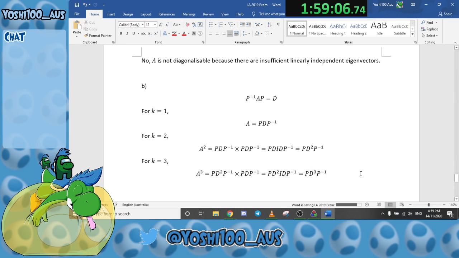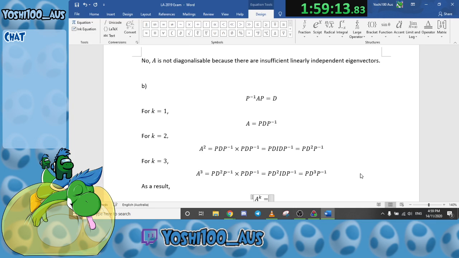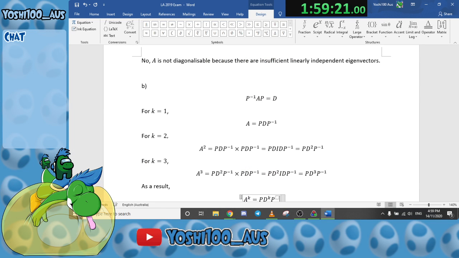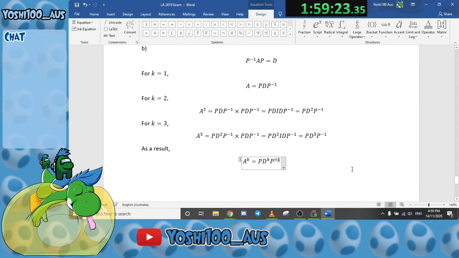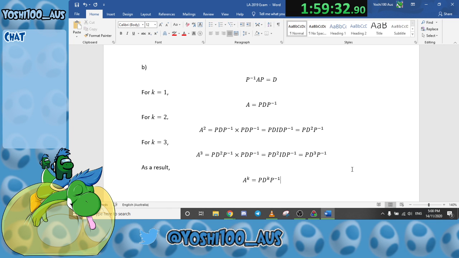So, as a result, A to the k equals P D to the k P inverse. I think that's sufficient, right? Looks right to me. I hope it's okay. Cool, and now we are on pace.